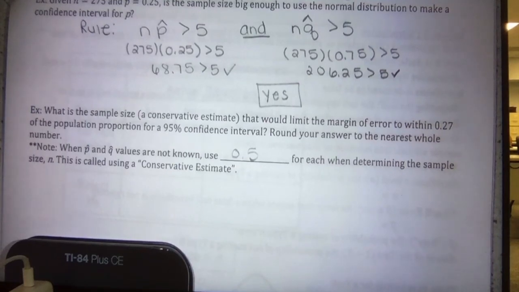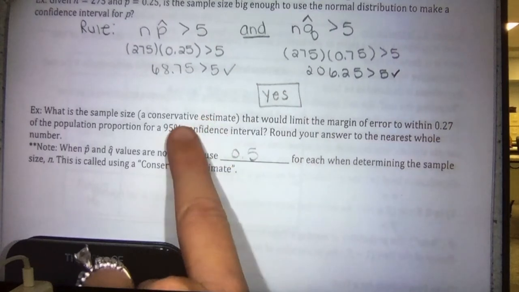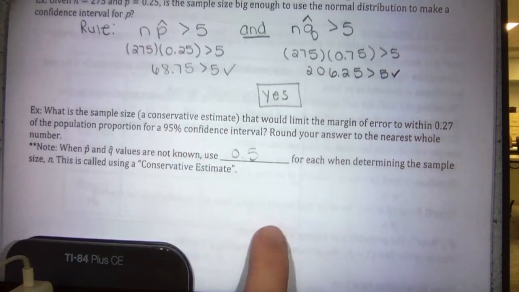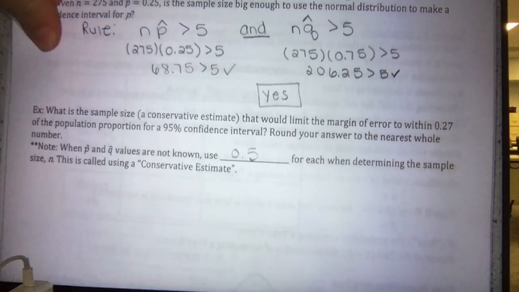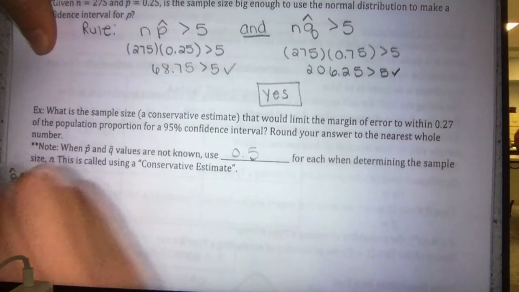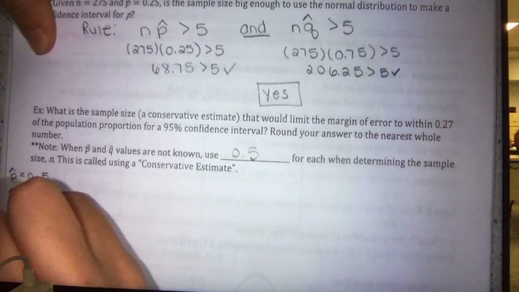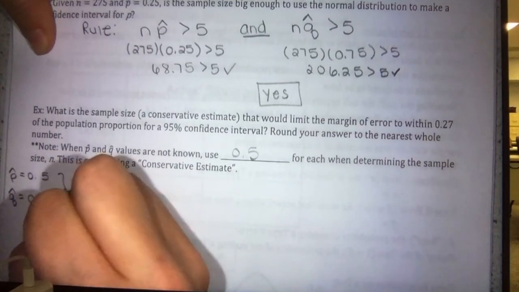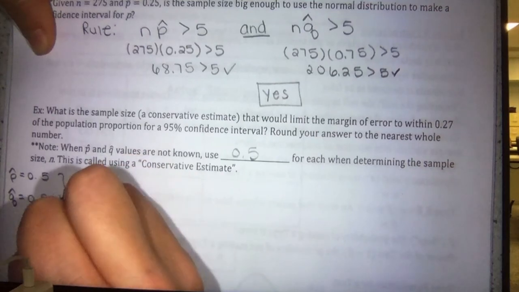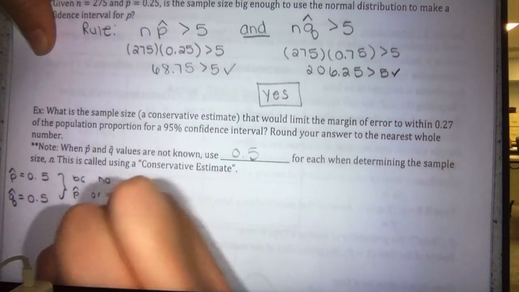So notice, they told us the error, they told us the confidence level, but they didn't tell us p hat or q hat. So we always know that if no p hat or q hat is given, p hat is 0.5 and q hat is 0.5.